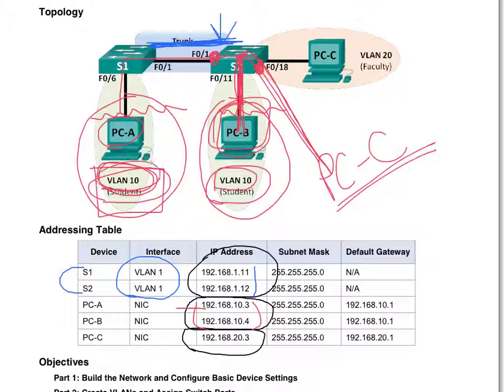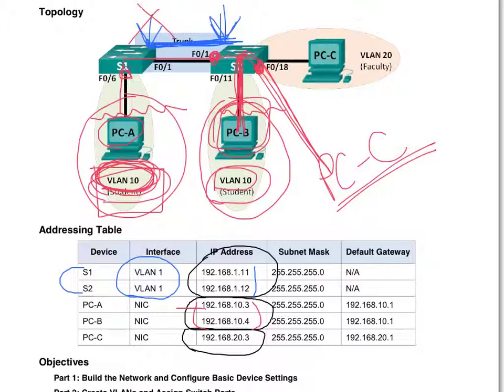Tags it. So it gets tagged here, so that when it gets over here, it looks at the tag, which is literally the number 10 plus a bunch of other digits. When it gets over here, it takes that tag off. Now it's in the switch fabric on VLAN 10.